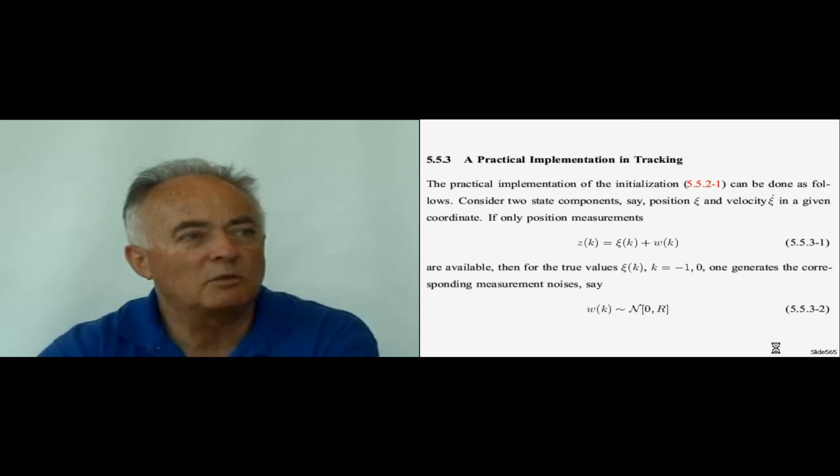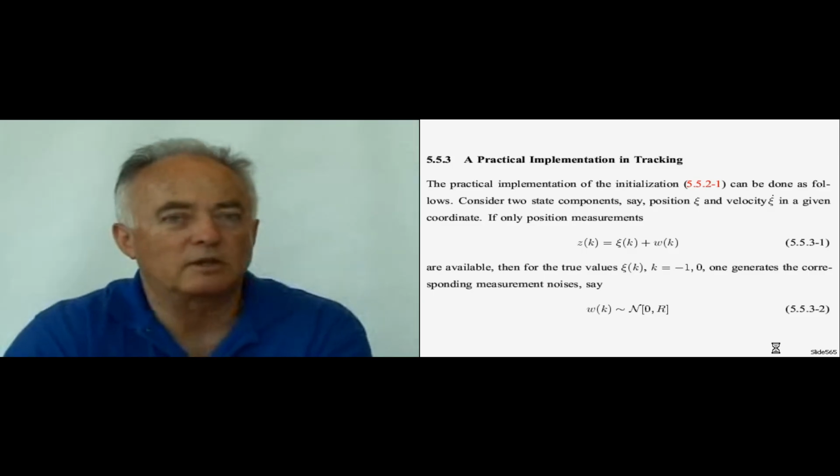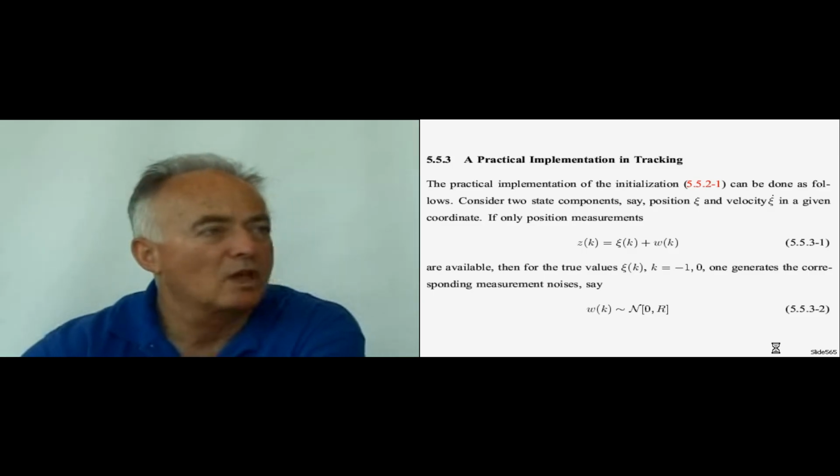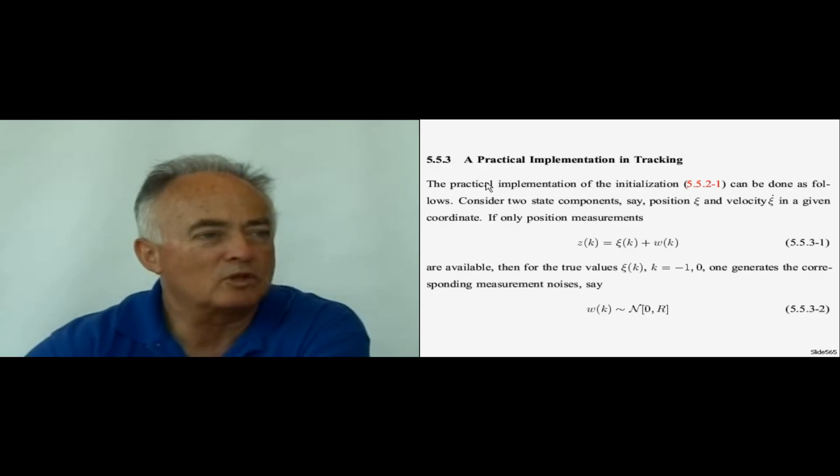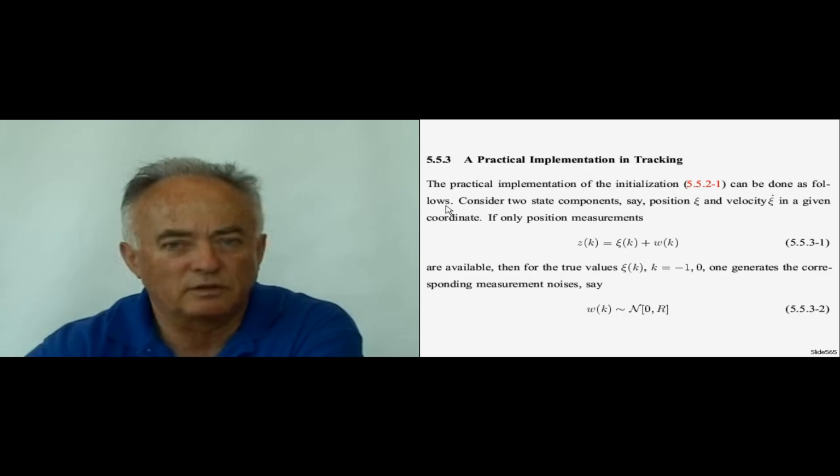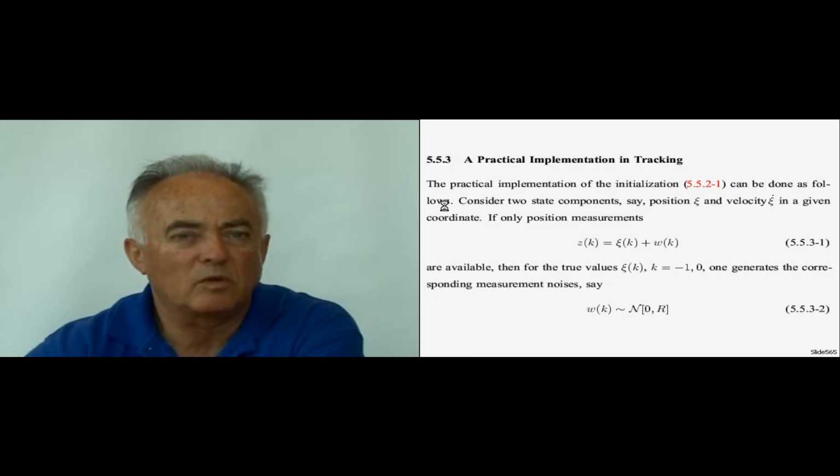Now, how do we implement this practically in tracking? The practical implementation of the initialization can be done as follows. You don't have to generate the initial state estimate with a random number generator. There is a simpler way of doing it.